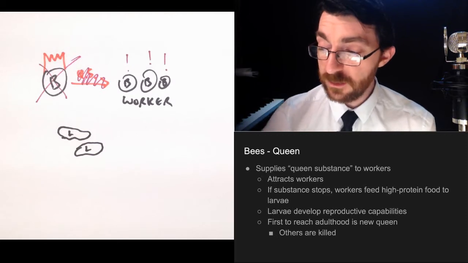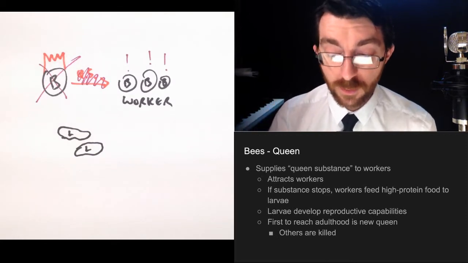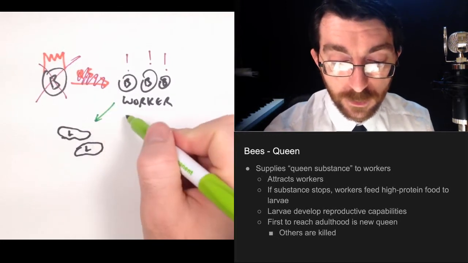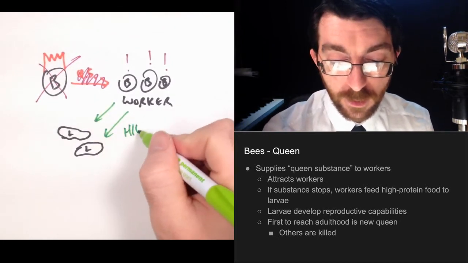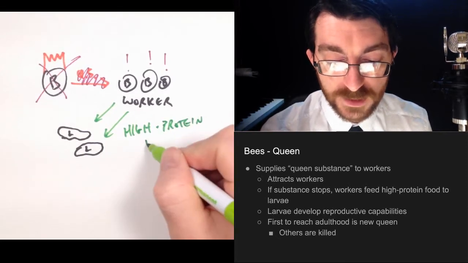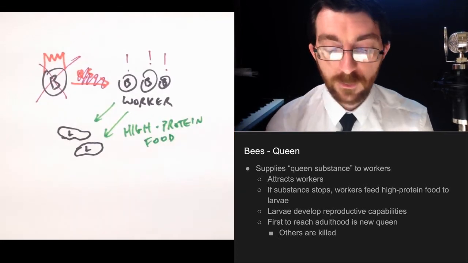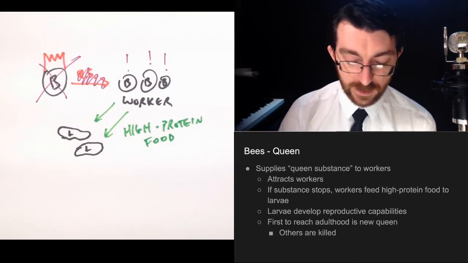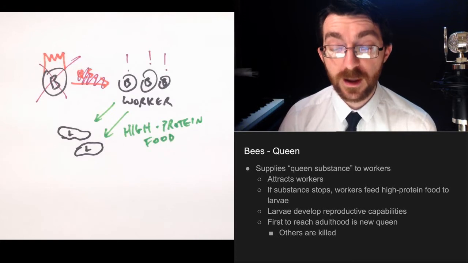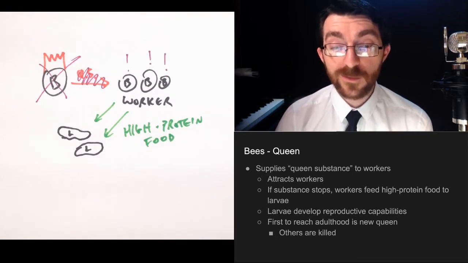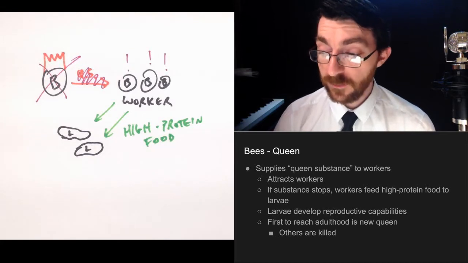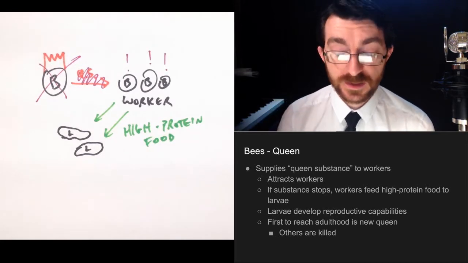They feed a high protein food to the larvae. And with this high protein food, the larvae develop quickly, and they develop well, and they will start to develop reproductive capabilities. And the first one to reach adulthood is a new queen.